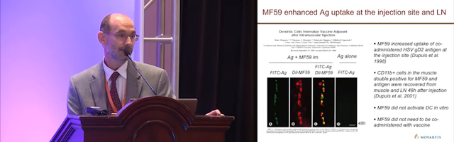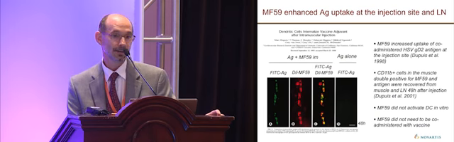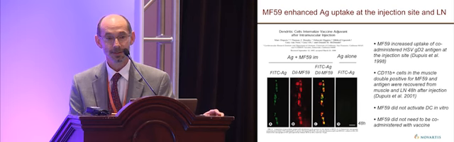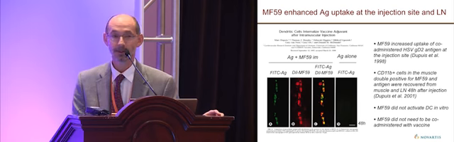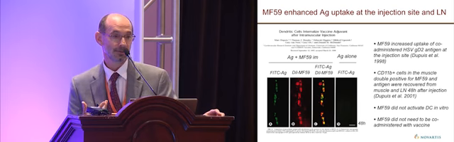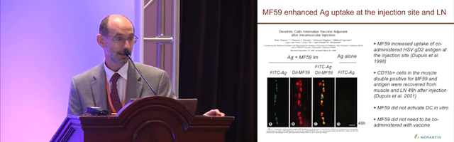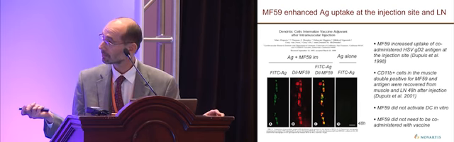So how is MF59 working? We've known for quite a long time that if you immunize with an antigen with MF59, in this case we were using the herpes GD recombinant protein, that it facilitates uptake of the antigen at the injection site into antigen-presenting cells, and those antigen-presenting cells then migrate to the draining lymph node and present the antigen to T cells and B cells.